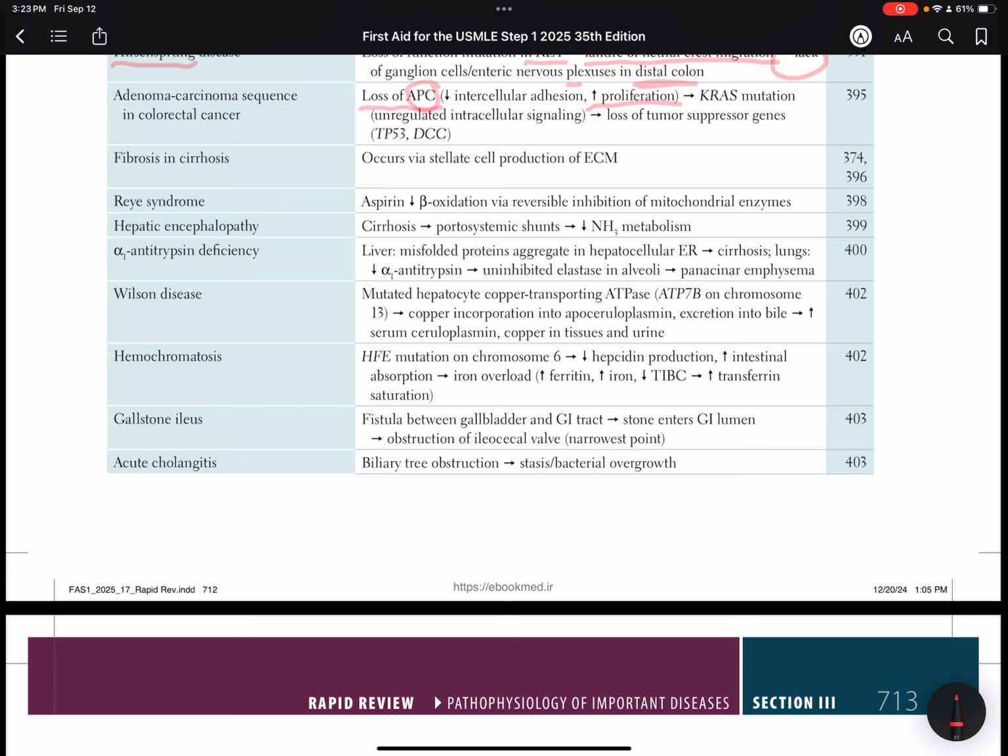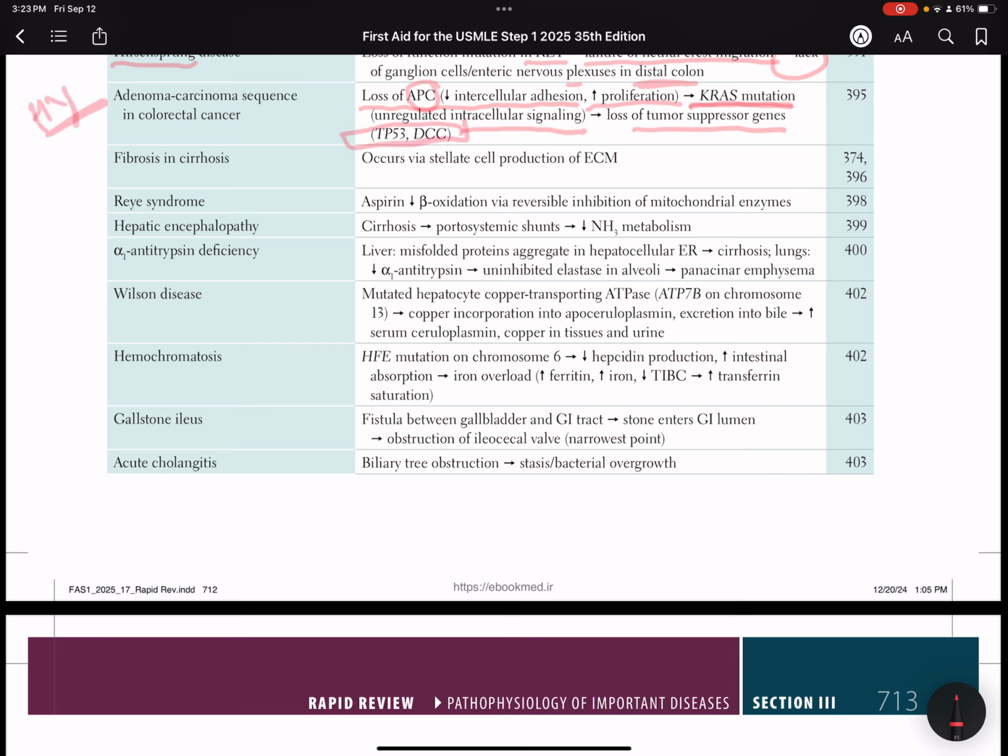Loss of APC means there is decreased intracellular adhesion and increased proliferation, which leads to KRAS mutation. KRAS mutation is unregulated intracellular signaling pathway causing loss of tumor suppressor gene TP53 and DCC.